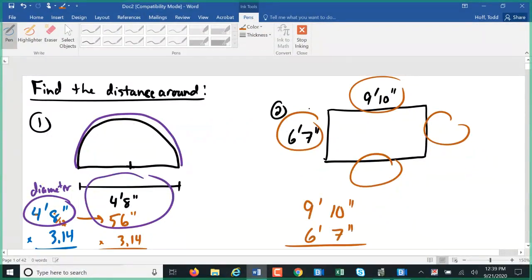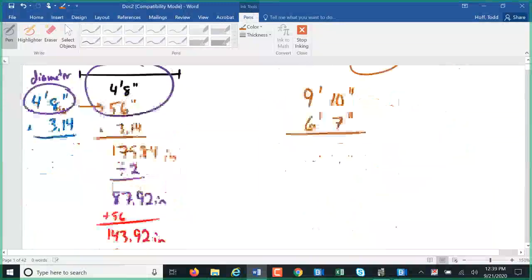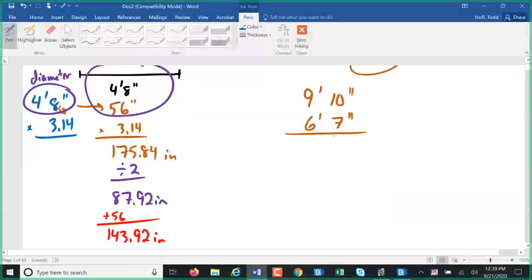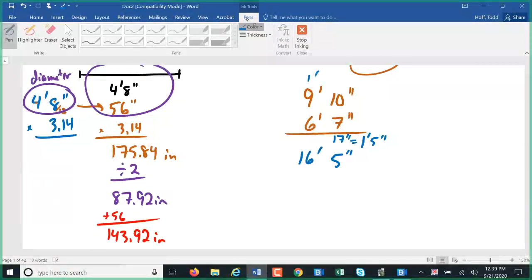And I know we're used to seeing them with the feet and inches written out, but it doesn't matter. We can use the abbreviations. 10 plus 7 is 17 inches, which is 1 foot with 5 inches left over. So we'll keep the 5 inches, carry the 1 foot. 1 and 9 is 10, plus 6 is 16 feet.